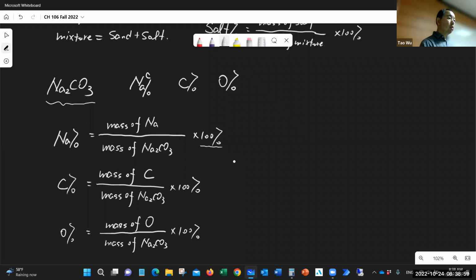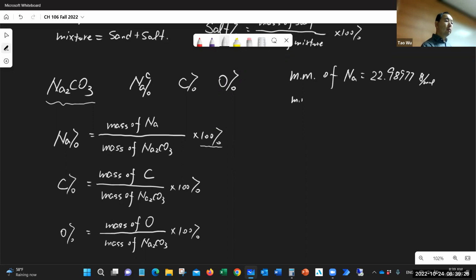So the molar mass of sodium, you know, right? The molar mass of sodium is 22.98977 gram per mole.